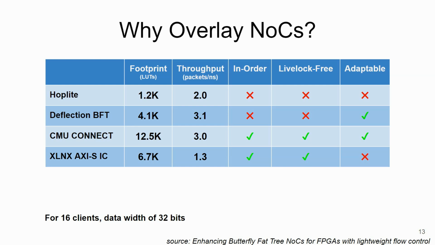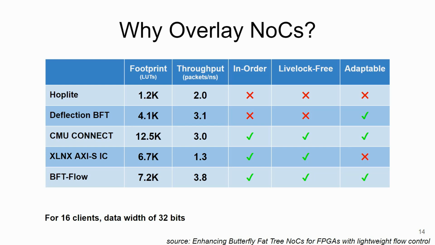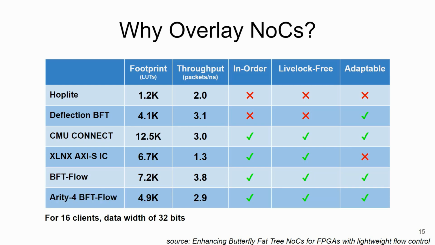Xilinx's AXI-S interconnect has a low maximum throughput and is thus not appropriate for high throughput designs. Our work builds upon Arity-2 butterfly fat tree NoCs with flow control, which have intermediate footprint and the highest throughput among the options considered, while also achieving the three features under consideration.